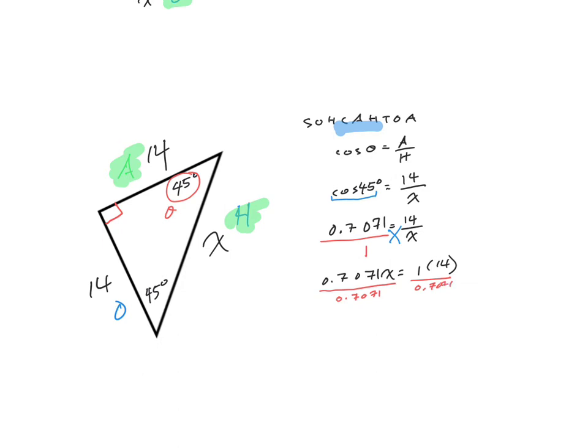And so now we get x is equal to 14 divided by 0.7071, which means x is equal to approximately 19. And actually 19.8 is the decimal that we get.